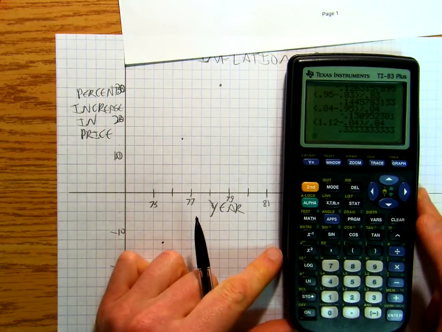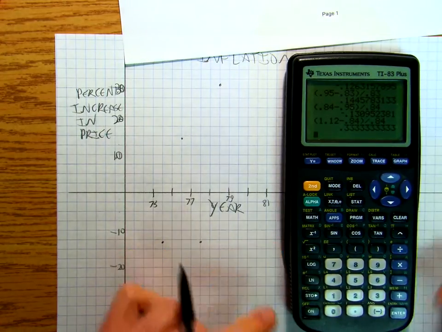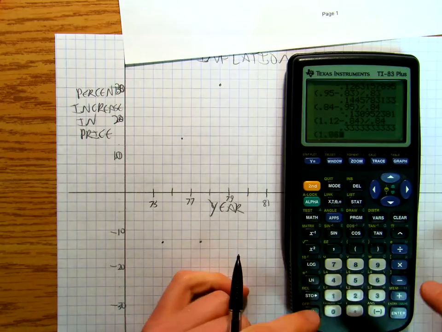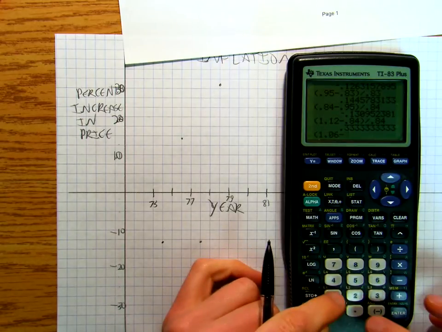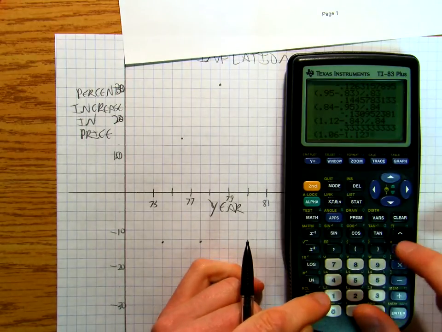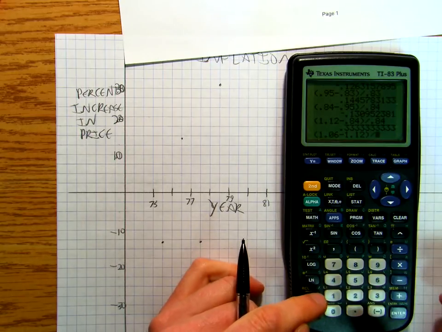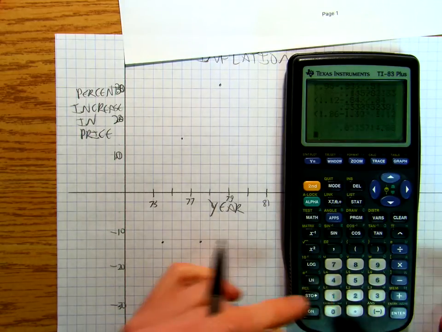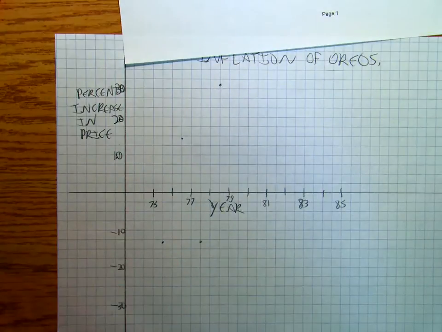And I'm going to just do two more here. Negative 0.5%.